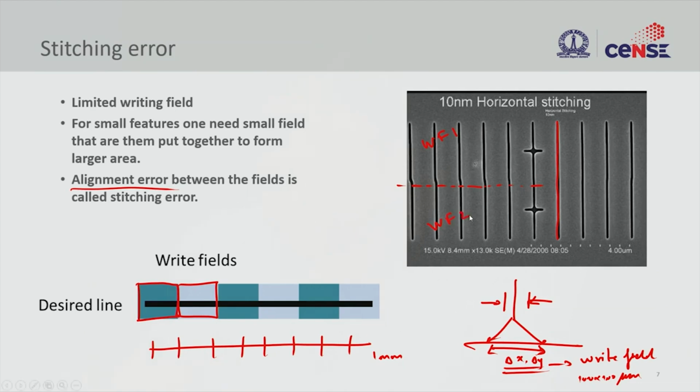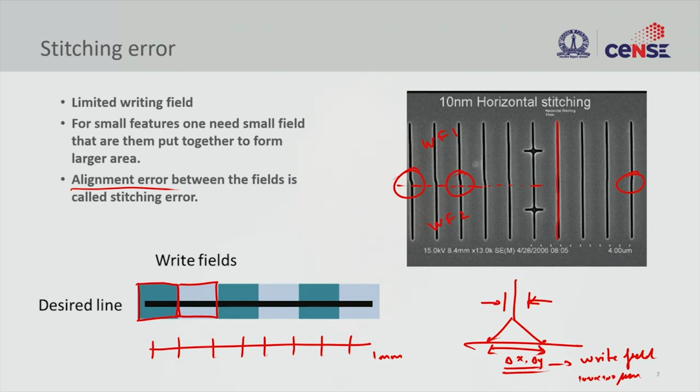So when you are moving from write field 1 to write field 2, you can see this structure is deliberately done to show this writing error. At one point you can see here it is well aligned, but then you can see here, right, there is a misalignment between the two write fields.